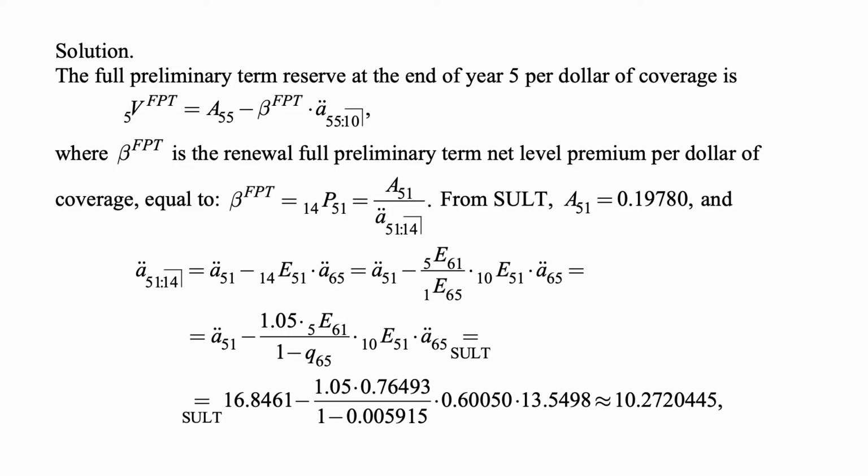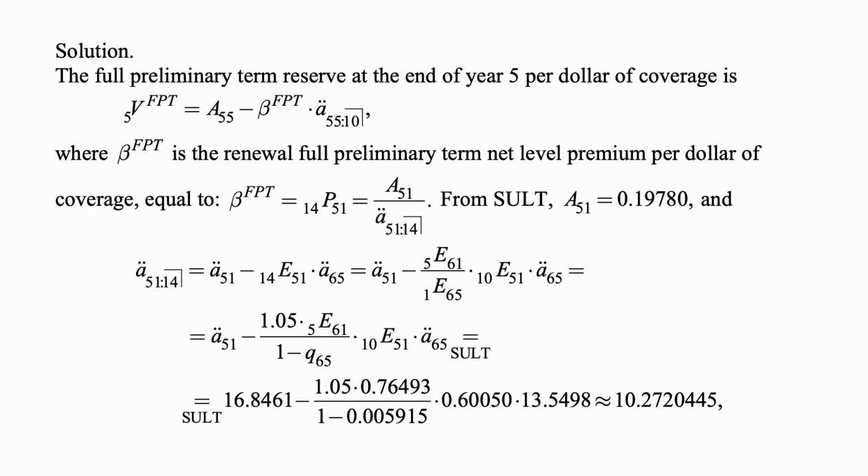From the standard ultimate life table, A51 is 0.19780, but we need to work to find A51 angle 14. It is equal to A51 minus 14E51 times A65, but 14E51 is not in the table.